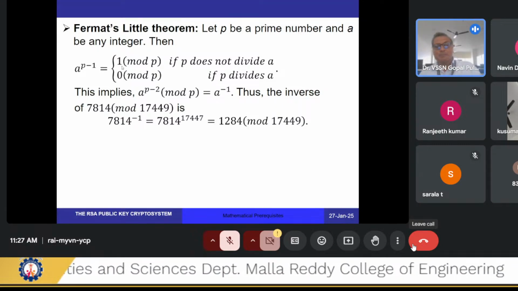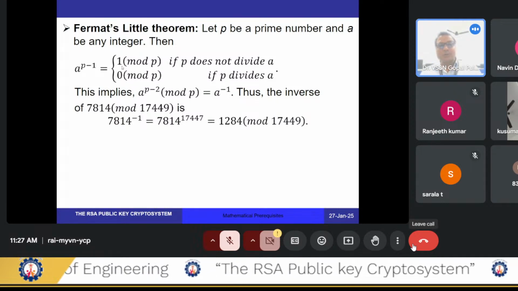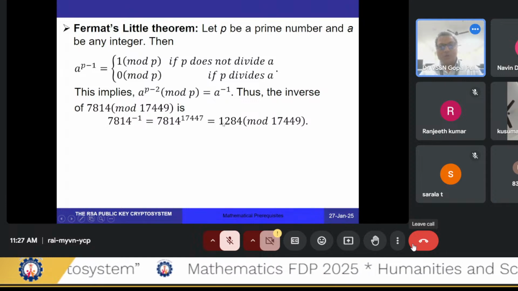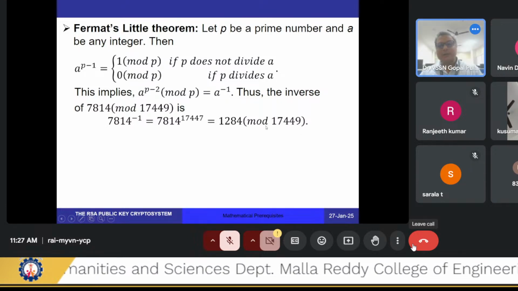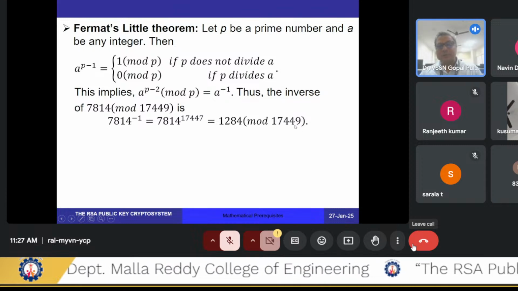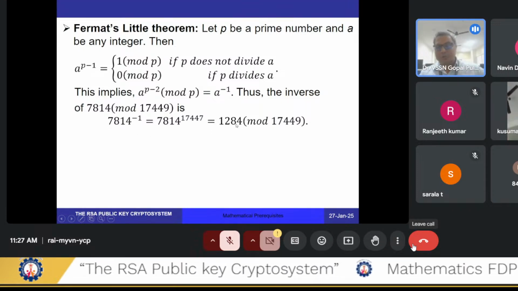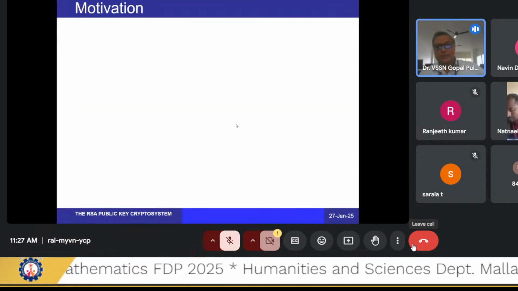As a simple example, you can observe this: the inverse of 7814 is 1284 under the mod, this prime 17449. So the inverse of 7814 is 1284, right? Let us move on to the next one.